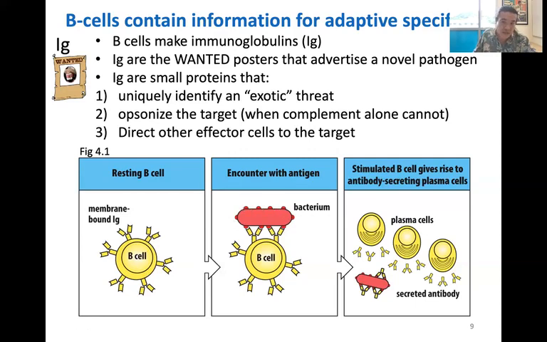They could be any kind of molecule, proteins, carbohydrates, lipids that happen to be the right three-dimensional shape to fit in the arms of the immunoglobulins, right? And that's how the immunoglobulin is recognizing, or that becomes the identity of the wanted poster that these immunoglobulins are going to help advertise.